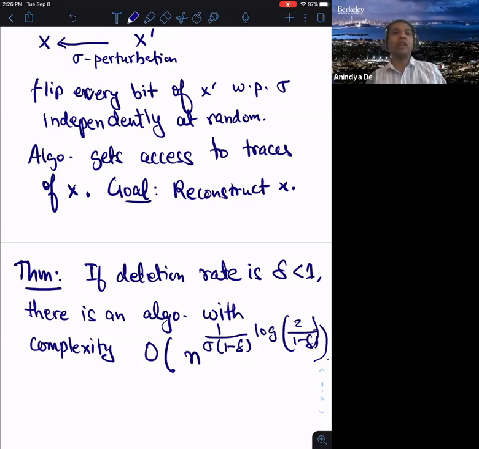Once the perturbation probability becomes like 1 over n, you may not perturb any bit, and you expect it to become a worst case problem. At that point you would hope it would match the worst case complexity, and that would have happened had we gotten a dependency of 1 over sigma to the 1/3. So this is probably not optimal in its dependence on sigma when sigma is really tiny. But once sigma is a constant, for any constant deletion rate delta, we are getting a polynomial time algorithm. So hopefully the result makes sense.